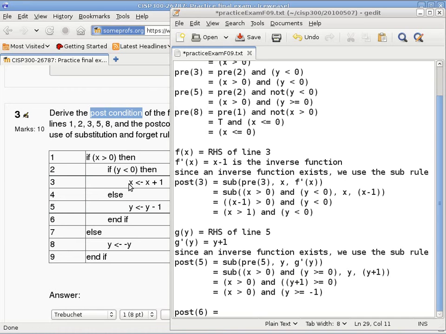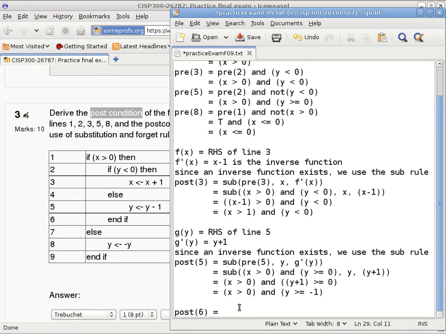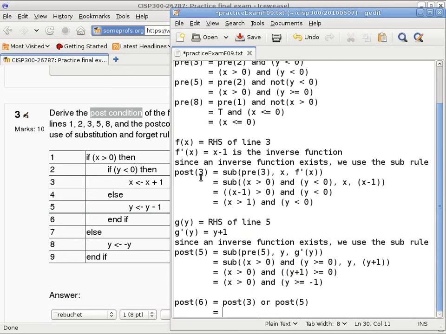So it becomes post 3 or post 5. And since we have an editor, I do expect everyone to properly copy and paste it. Okay. Now the parentheses are important in this case because without the parentheses, the meaning of the expression would have changed.